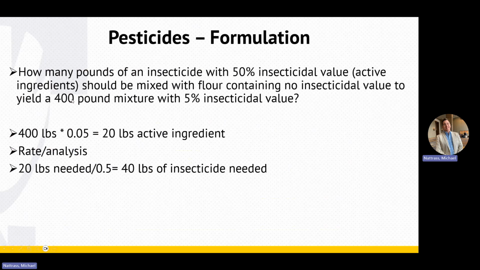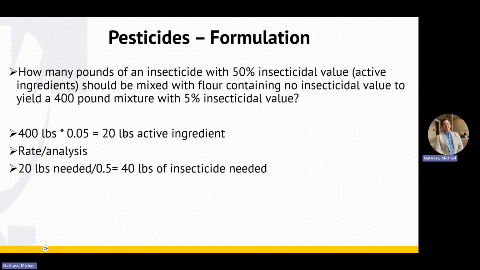Okay, and we found this because we took 400 pounds times 5% insecticidal value. So we are trying to make something that has an analysis of 5%. So in order for this 400-pound mixture to have a 5% insecticidal value or active ingredient, we need 20 pounds of this material. This material here, we need 20 pounds of.